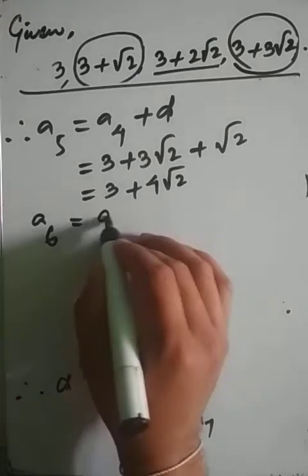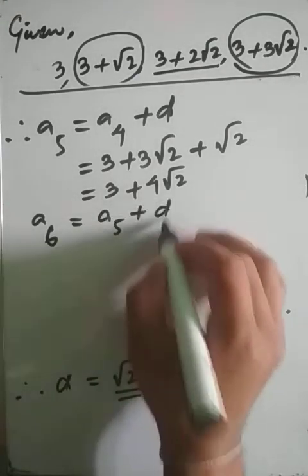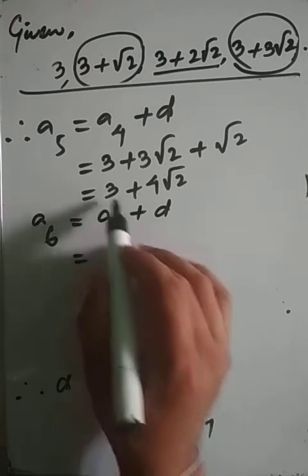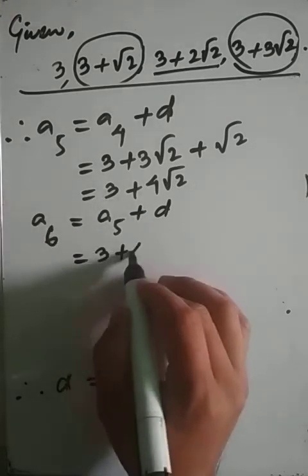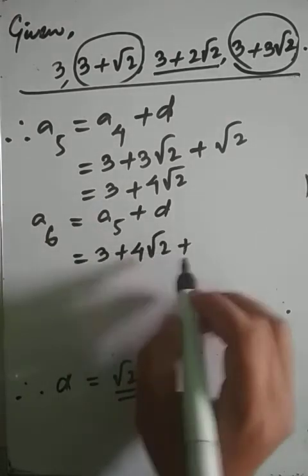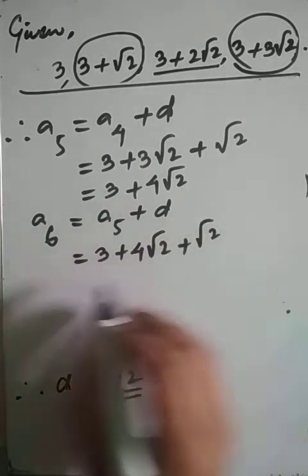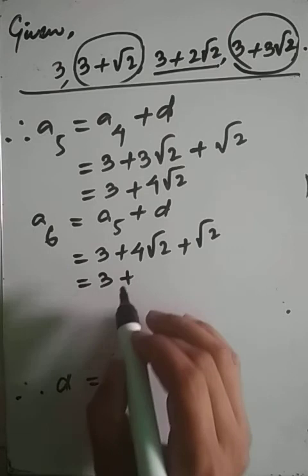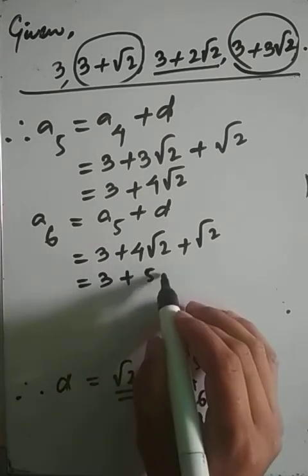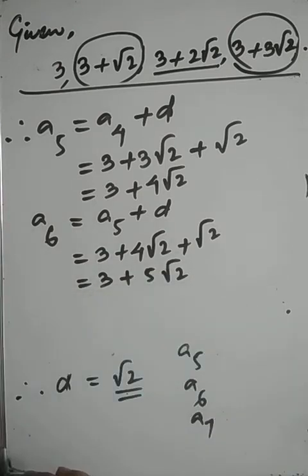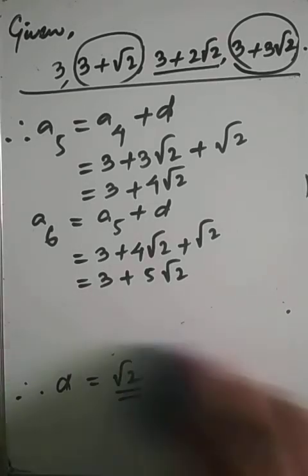Next we'll be finding A6. A6 means A5 plus D. Here A5 means 3 plus 4 root over 2. What about D? Root 2. So we'll be getting 3 plus 5 root over 2. Next we'll be finding A7.